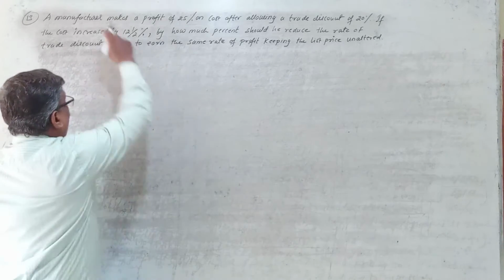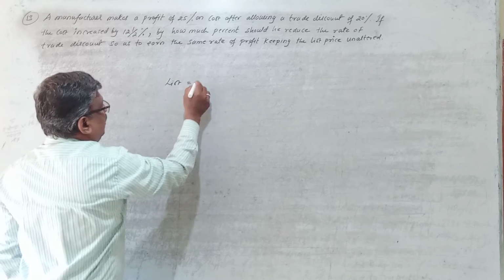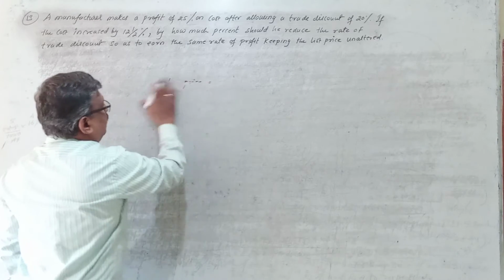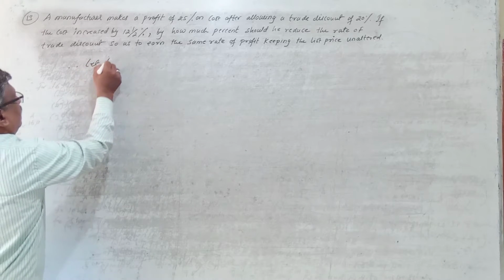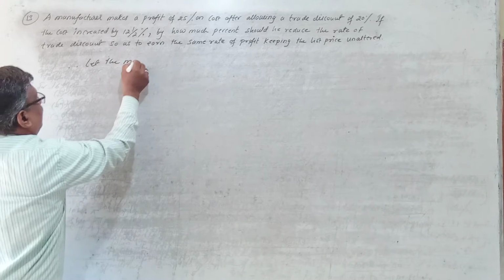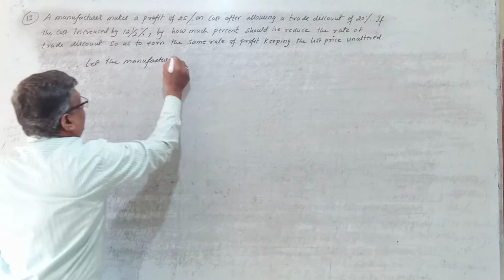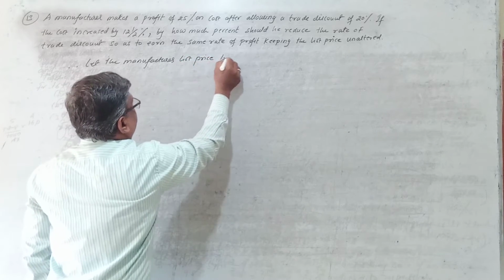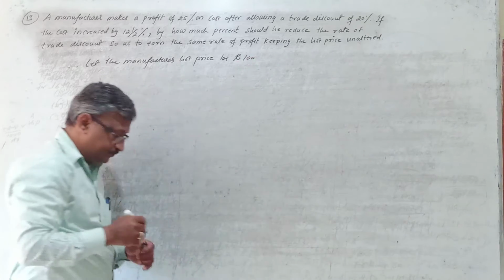Now, what is the manufacturer's list price? It is not known. Suppose the manufacturer's list price is 100. Let the manufacturer's list price be rupees 100.